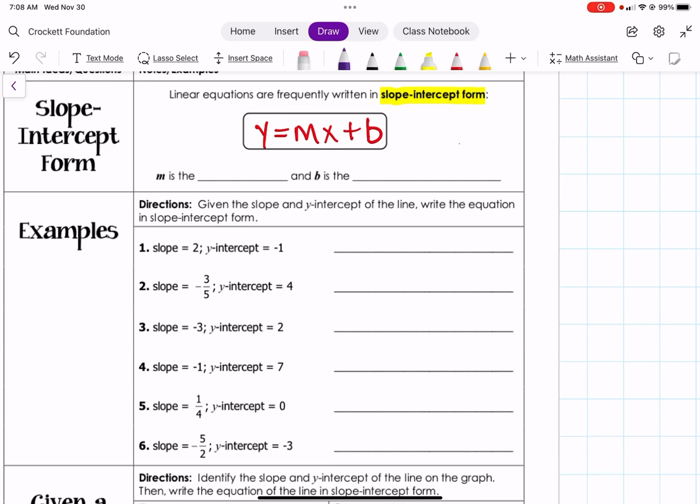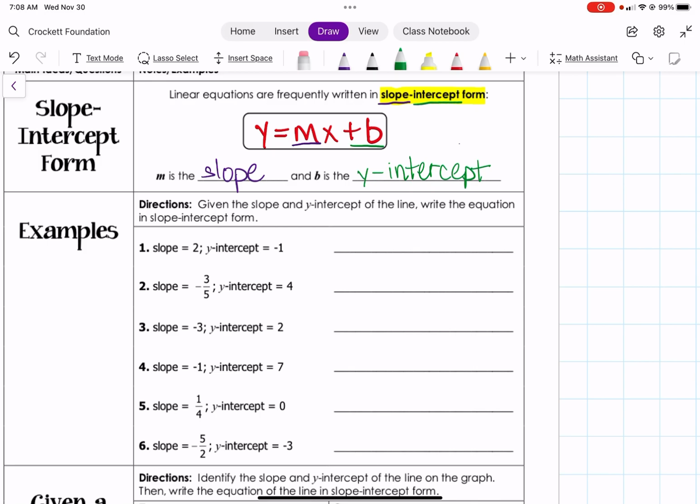M is one of them. M represents the slope. That's where we get the slope part from. And then the B represents the y-intercept. And that's where we get the intercept from, slope-intercept form.